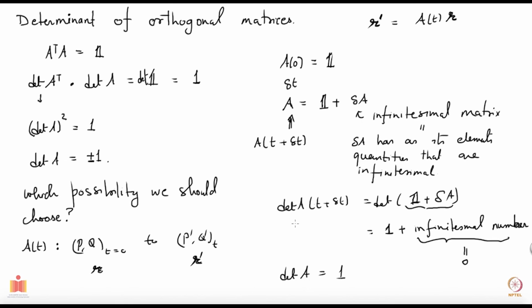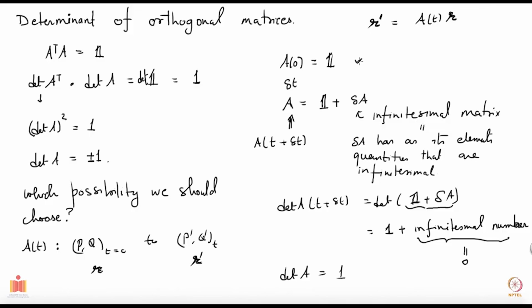What you are really seeing is that your transformations are connected to the identity matrix. Remember, at time t equal to 0, you are here. You are continuously moving away from identity, going in small steps.